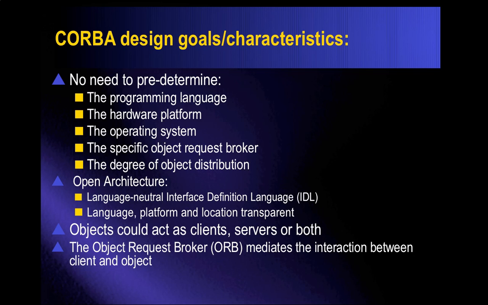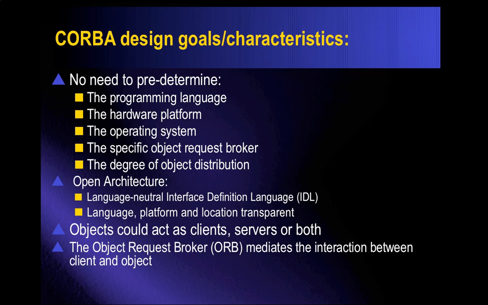It was an open architecture with a language-neutral interface definition language, which is what IDL stands for. Language, platform and location transparent, which means we don't have to worry about tiering.